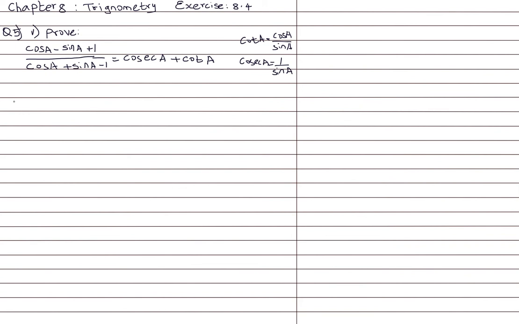So let us take the LHS first. LHS equal to (cos A minus sin A plus 1) divided by (cos A plus sin A minus 1).